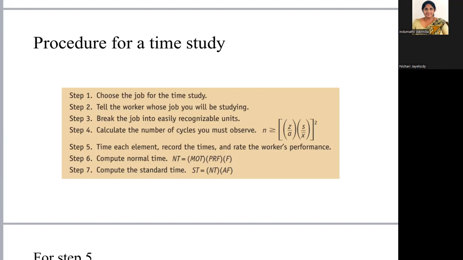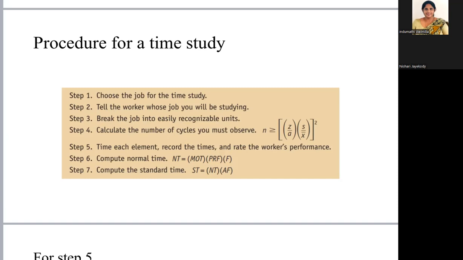And the fourth step, calculate the number of cycles you must observe. When making a time study, you need to know how many cycles, so how many times, you must observe the worker to ensure the results you want.